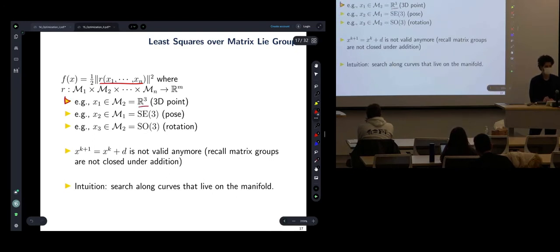It's the usual Euclidean decision variable. And then maybe the second one is a pose. Maybe we're also estimating the camera pose, but also a feature that the camera is observing. And that's what SLAM means. Localize and reconstruct the scene, what you observe.